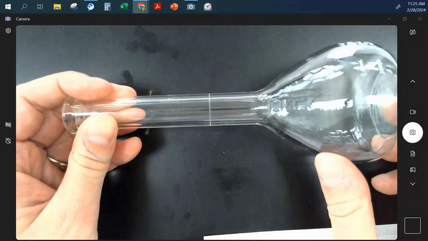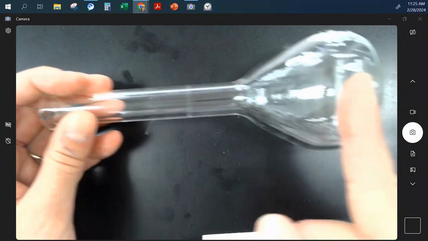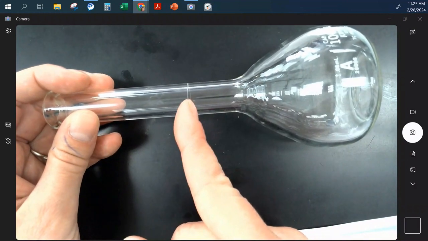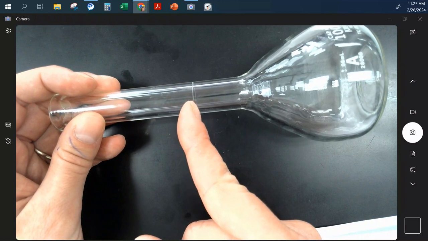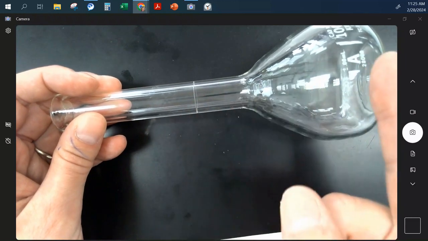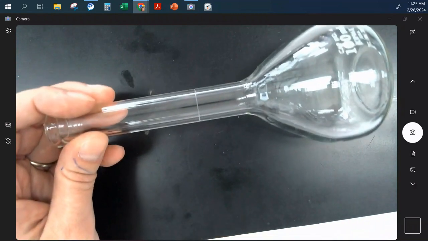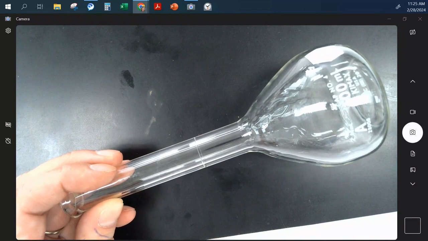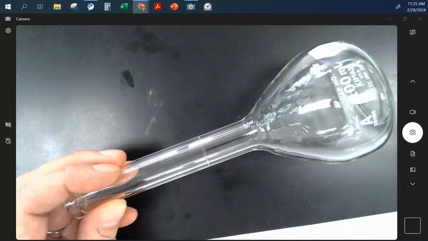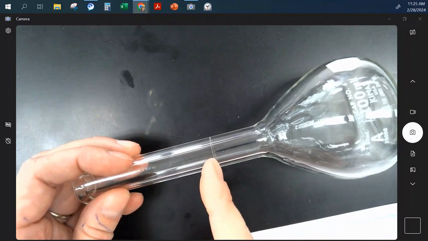Can you see that line? So you're going to put your salt in, and then you're going to fill up the water to the line. Then your total volume will be 100. That's including the salt volume and the water volume, because concentration is liters of total solution, not just solvent.